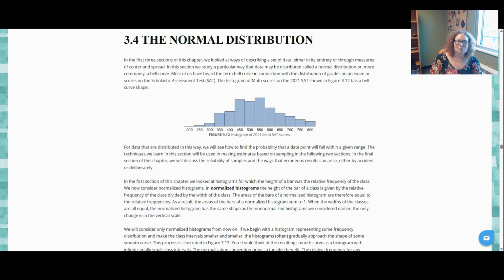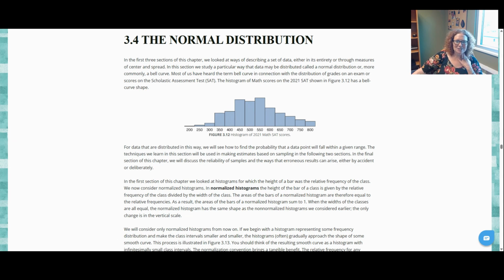But what we're really doing is trying to see where the data points fall in any specific piece of data. And we want to see whether it looks like a normal distribution, that bell curve.